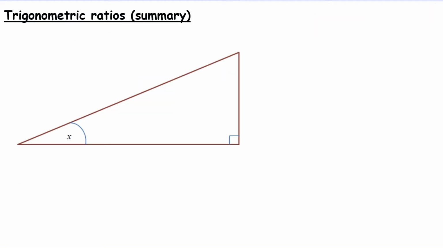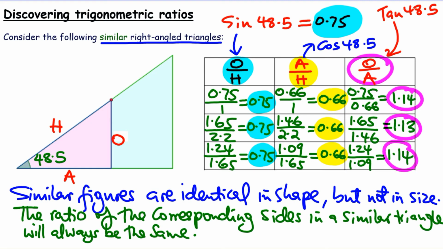So in our summary, if we have a right angle triangle with a given angle x, and this side is opposite, let me just call it O. This one is the adjacent, and this one is the hypotenuse. We can generalize and say that the sine of x will be equal to exactly what we had in the previous page.